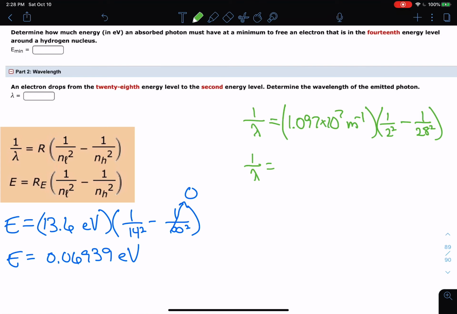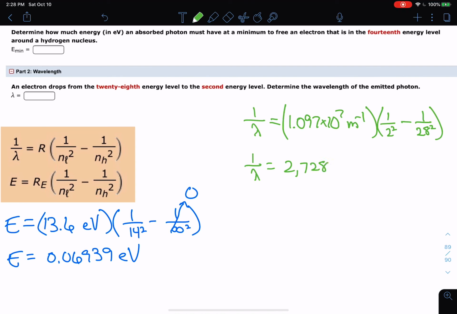Hold on real quick. There we go. 2,728,507.653. This would be inverse meters.